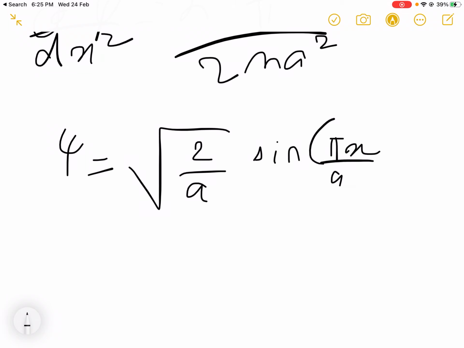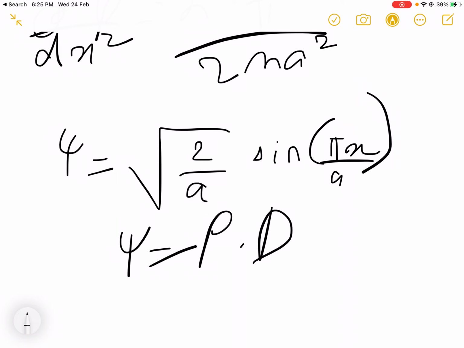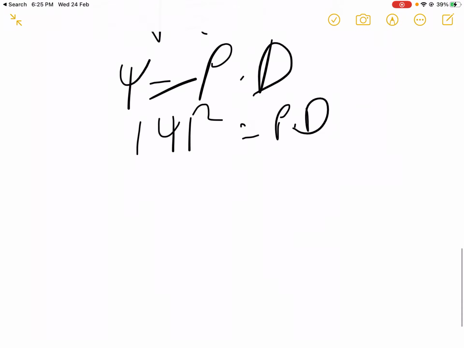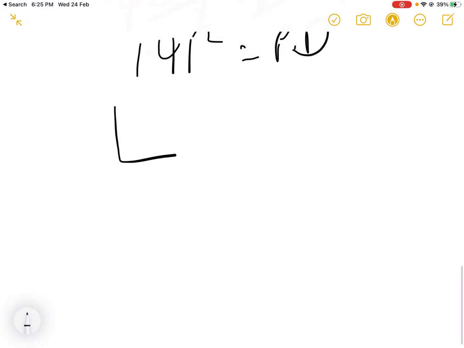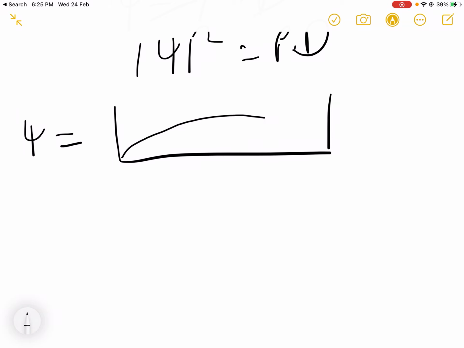So then psi is not equal to the probability distribution. Psi squared modulus is equal to the probability distribution. So currently if we plot psi, it will look like this.